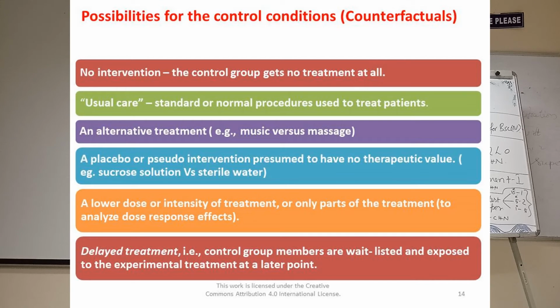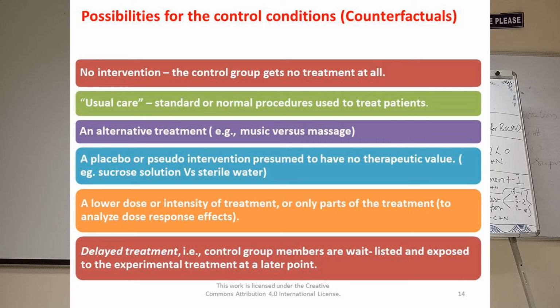The other mode of having a control is pseudo-intervention. Pseudo means placebo or false. So when the experimental group receives a sucrose solution for pain relief, we can give sterile water to the control group for pain relief. The other way to have a control is giving a lower dose or intensity of a treatment, or only a part of the treatment is given to the control group.